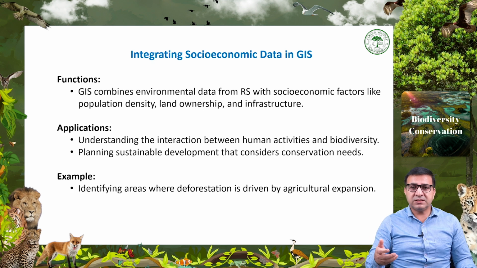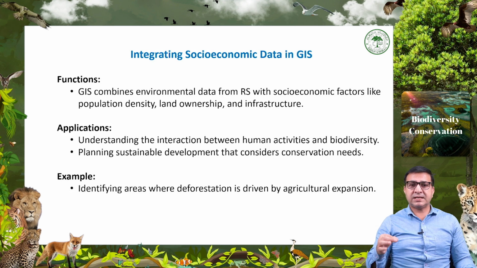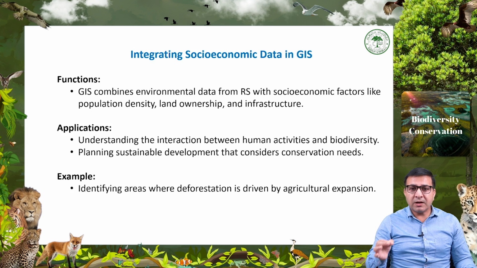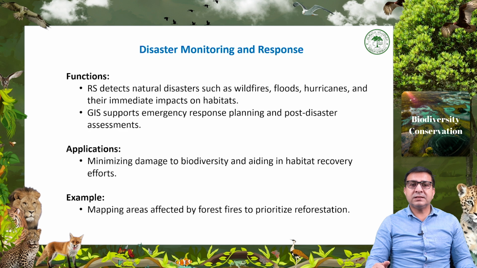For example, in areas where deforestation is driven by agricultural expansion, GIS can help identify the communities involved and develop sustainable land use policies that reduce the impact on biodiversity while supporting local livelihoods.